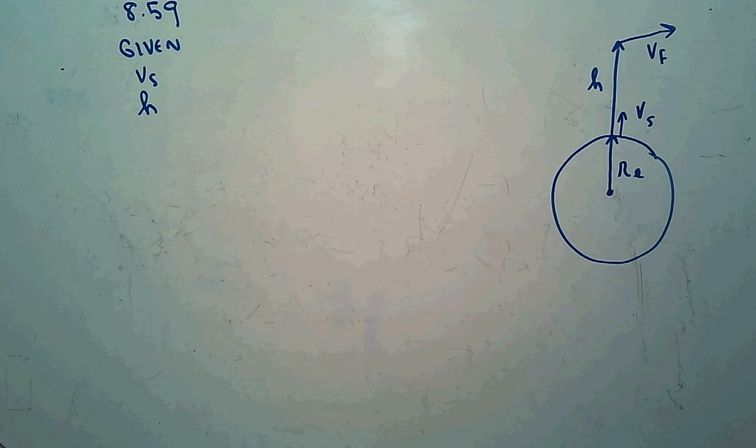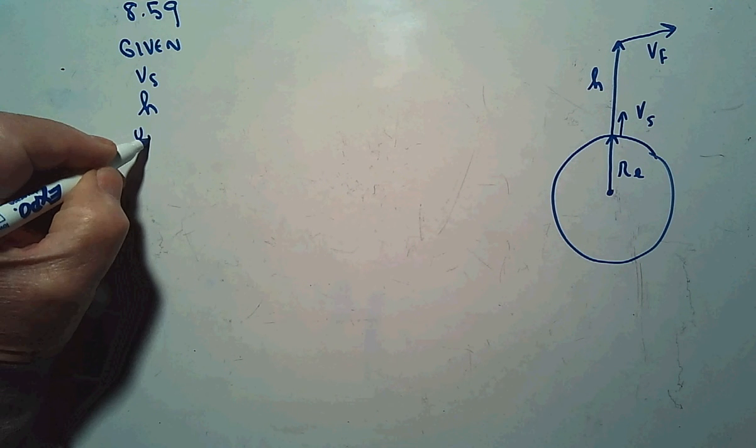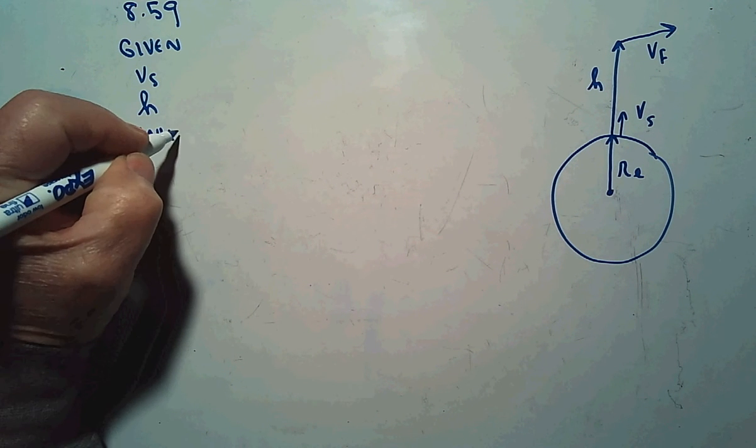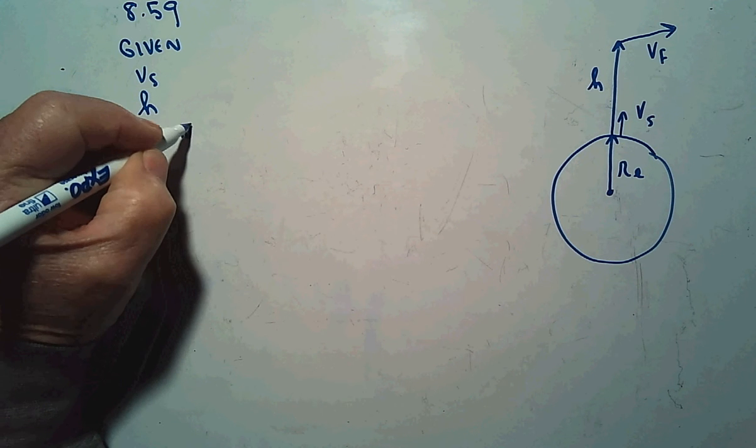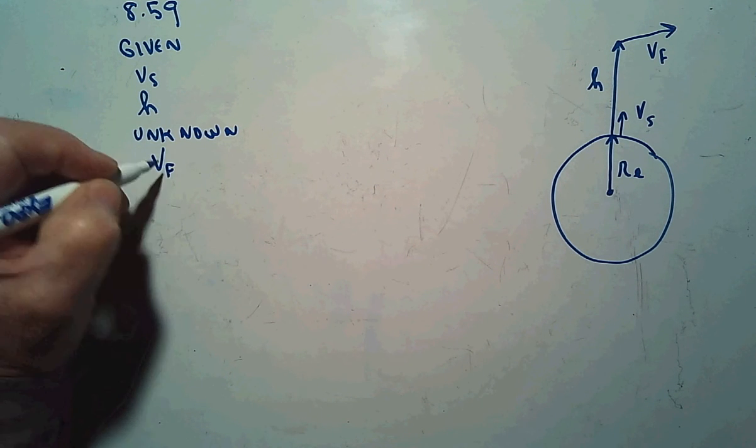That altitude is 1,200 kilometers. It's going to start with 6.2 meters per second velocity. And what we're asked for is, what is its final velocity?